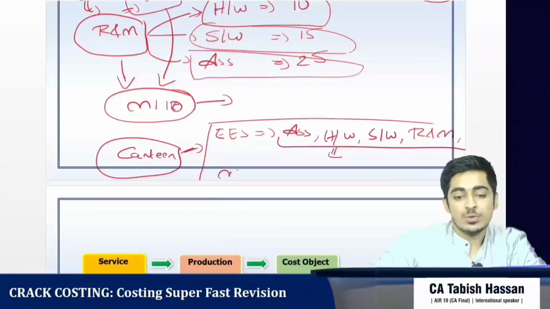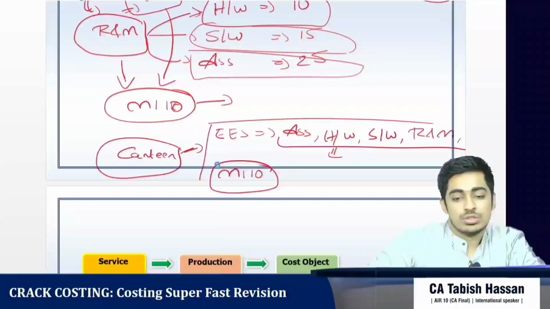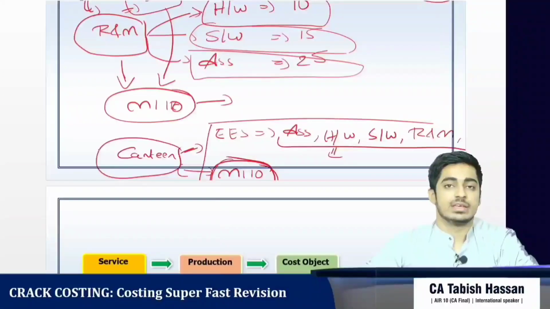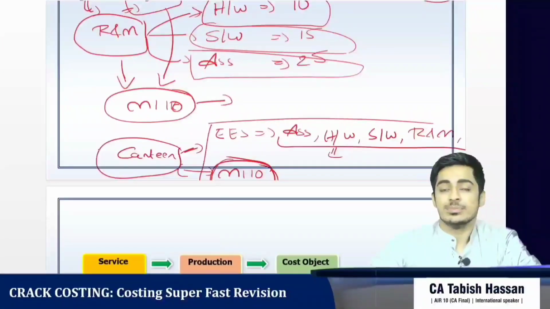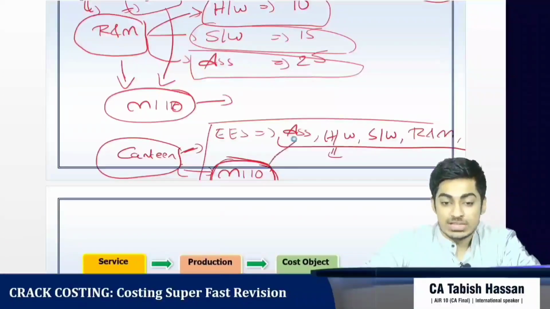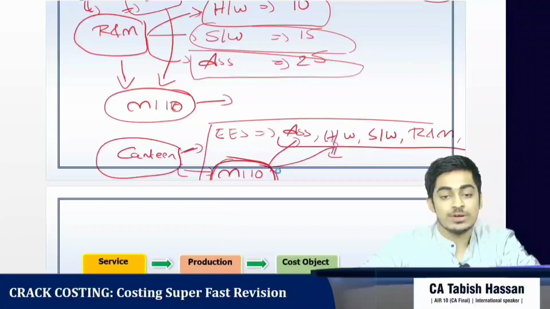If you want to know the cost of canteen services specifically for MI10, we would not be in a position to directly attribute it. Why? Because to manufacture MI10, we want assembly workers, hardware workers, software workers, and we take the service of repairs and maintenance and everything.